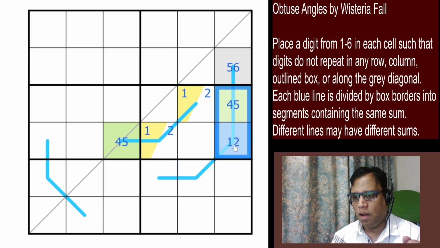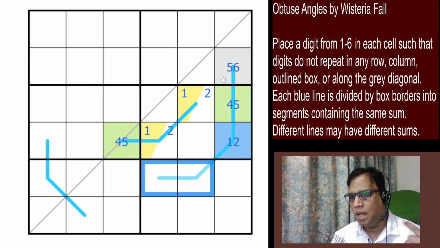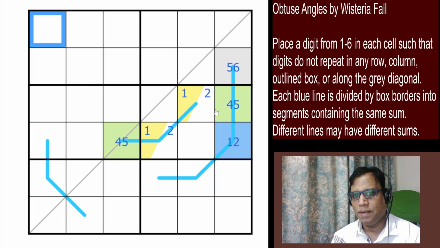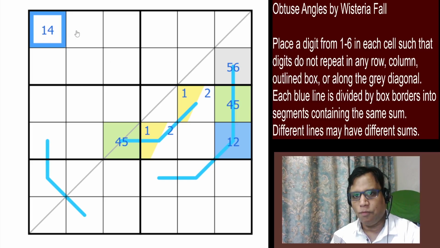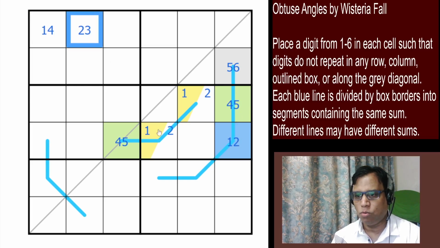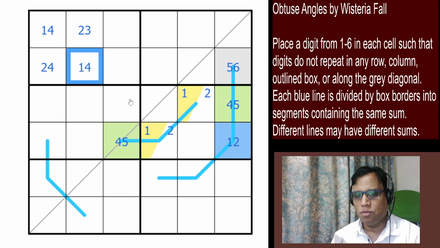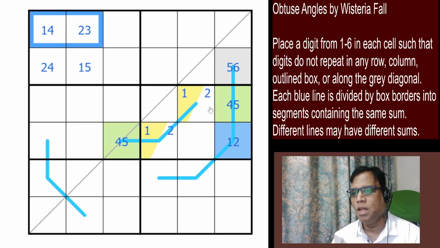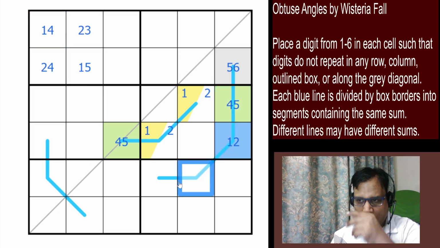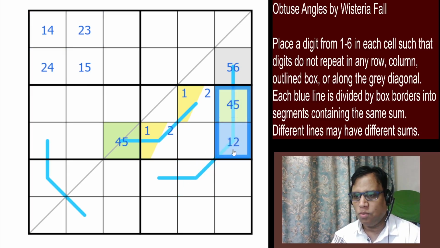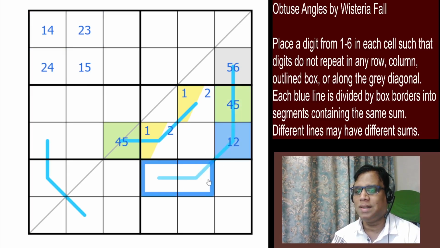Now, see, this is 5 or 6, right? There are only 2 ways for these two to occur. For 5, you can have either 1, 4, or you can have 2, 3, right? In 2 cells. And for 6, you can either have 2, 4, or you can have 1, 5, right? So this is for 6, and this is for 5. So you can only have 2 ways. So these two will be either same as these two, or they are different from these two.